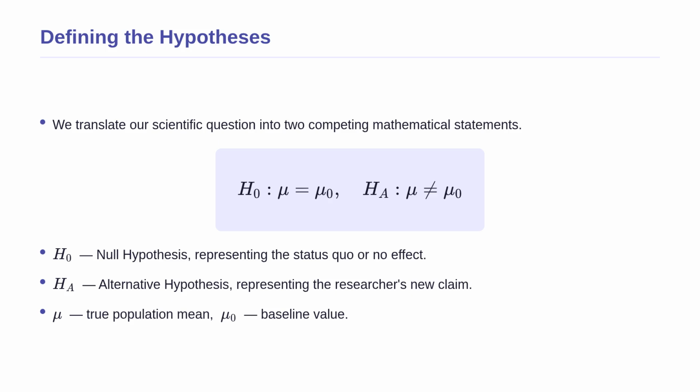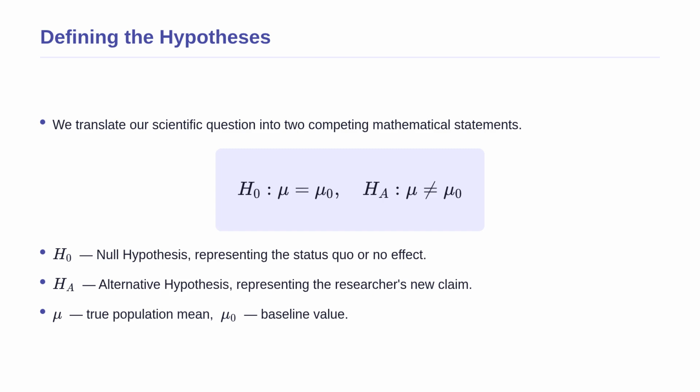To translate our scientific question into math, we define 2 mutually exclusive statements. This is where our formula comes in. The symbol H0 represents the null hypothesis. This is our baseline assumption of no effect, which always contains an equality sign. It means nothing is changed.